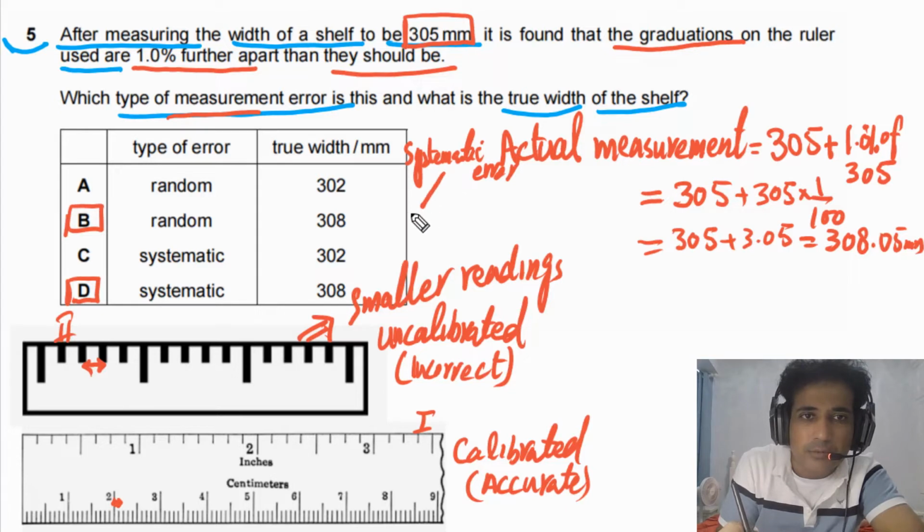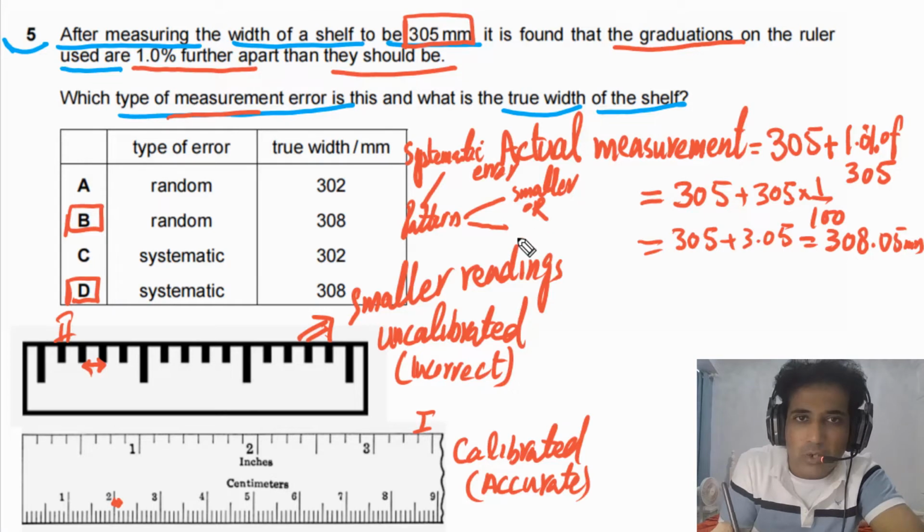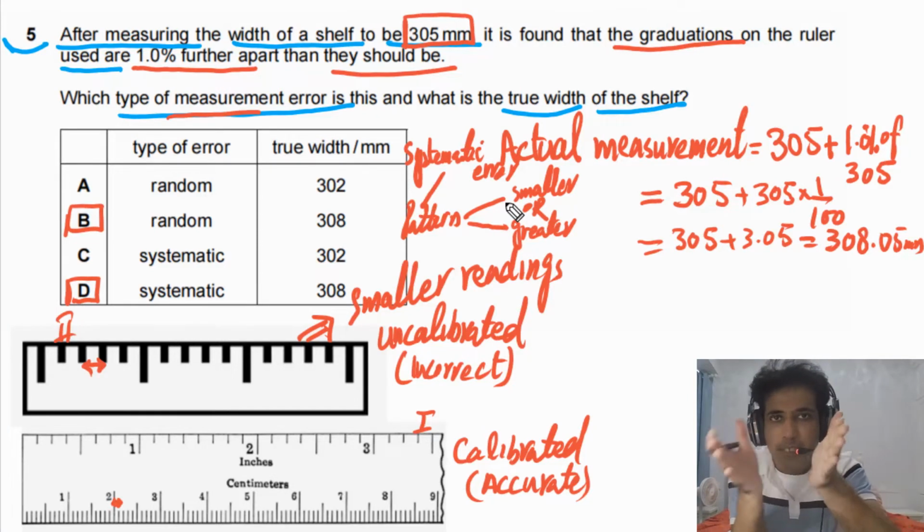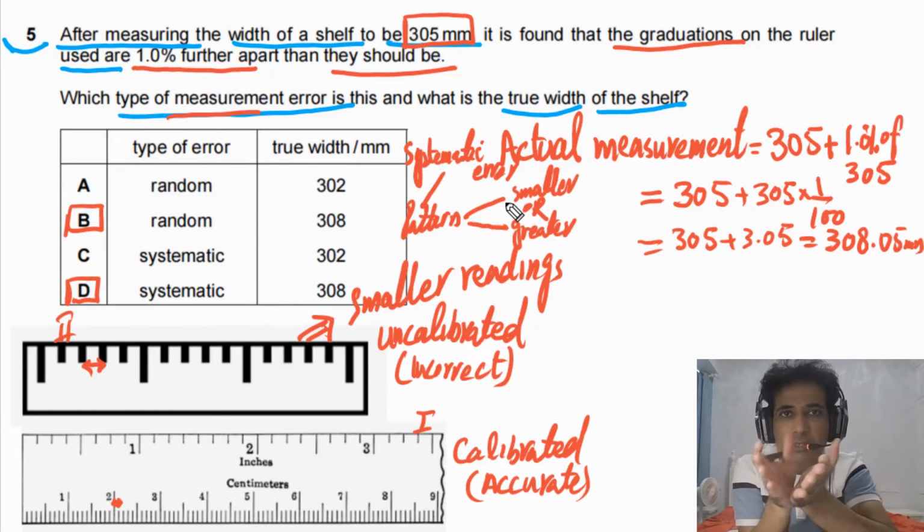Pattern means that all the readings will be smaller than actual, or greater than actual. But if there is a random error, readings will be smaller and greater at the same time. Some readings you will see greater than actual, some smaller than actual.